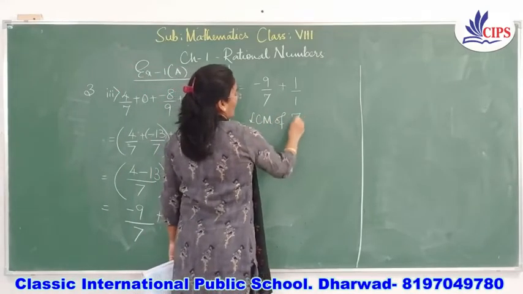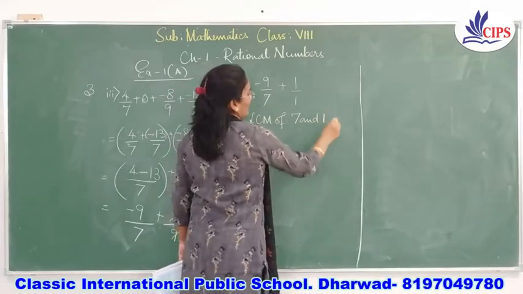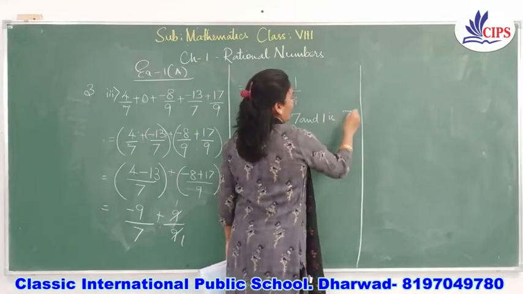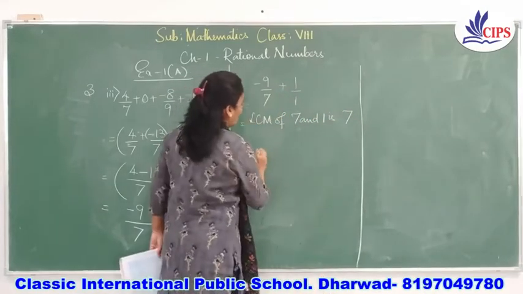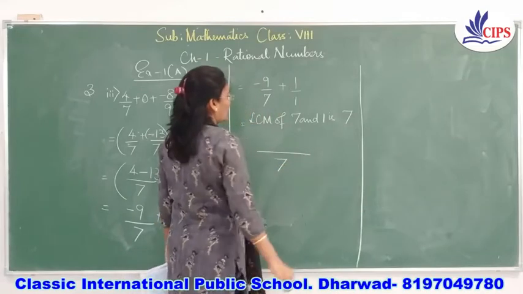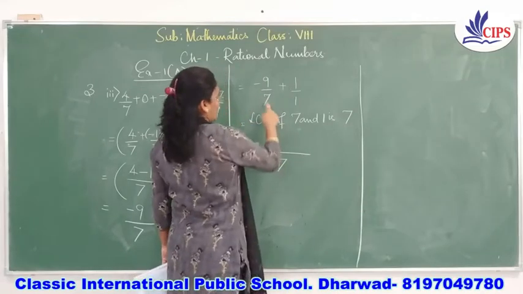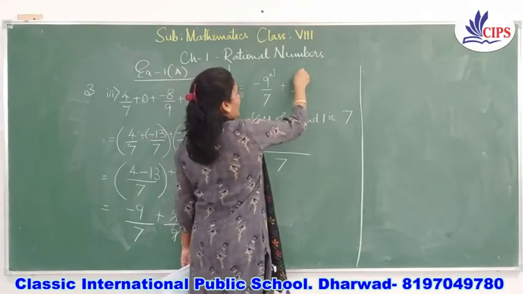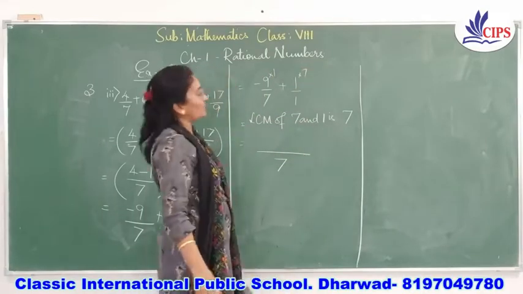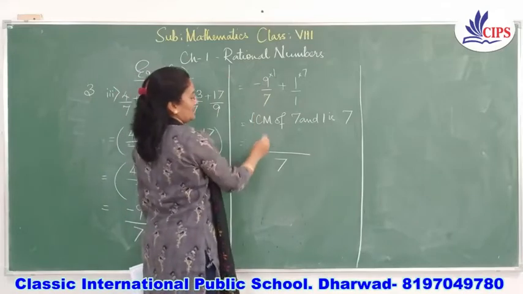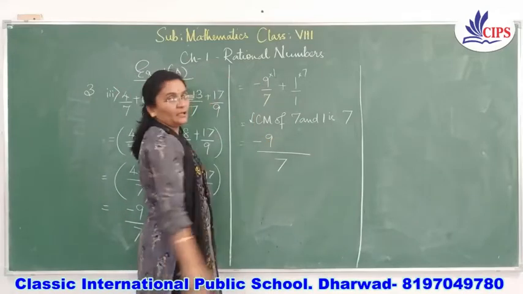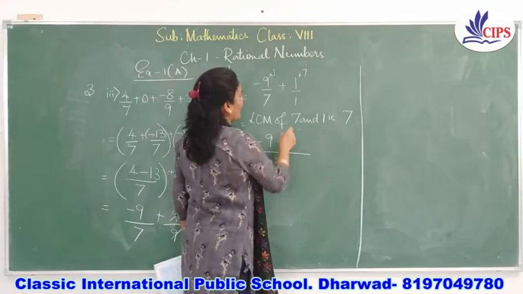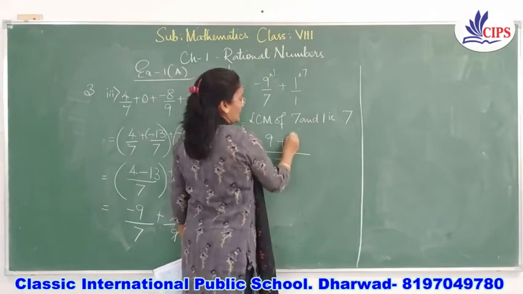LCM of 7 and 1 is 7 itself. So I'll write 7 common for both. And here, 7 ones are 7, so I'll multiply 1 here. 1 seven is 7, so I'll multiply 7 here. Now 9 into 1 is 9, that is minus 9, and here we have got 1 into 7, that is plus 7.